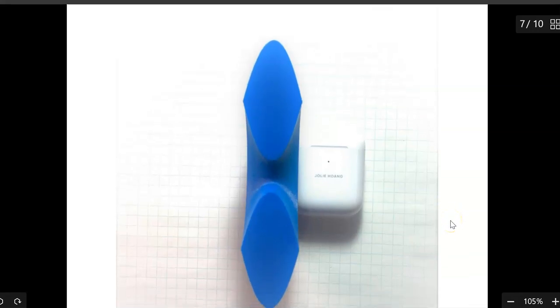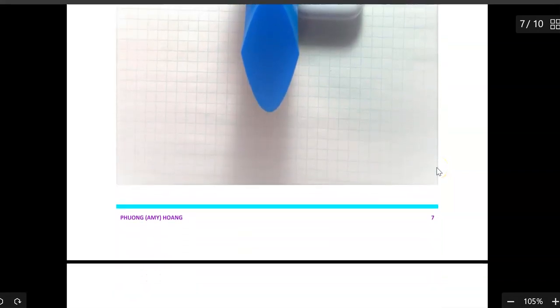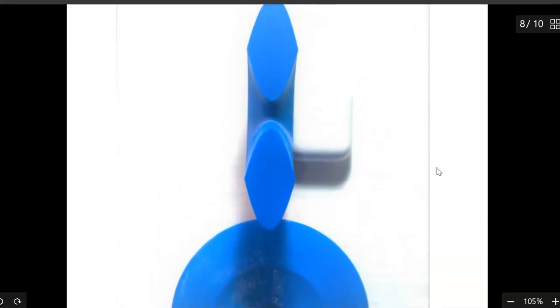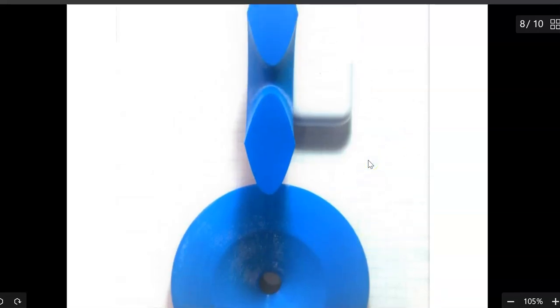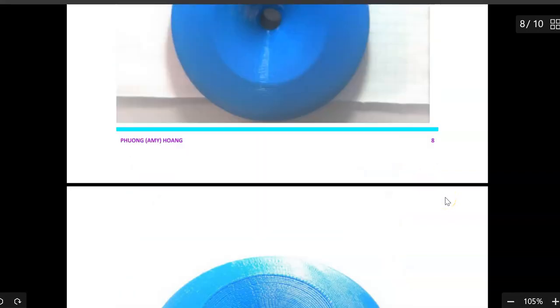This is just my earpod beside this, so that this one can stay in this position for me to take an image. Now let me show you if I generate it into the full shape. I will have a shape like a donut with a hole in the middle. If I place them on top of each other, you see that you have a hole here because you raised the parabola up.